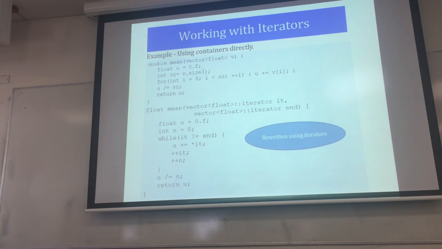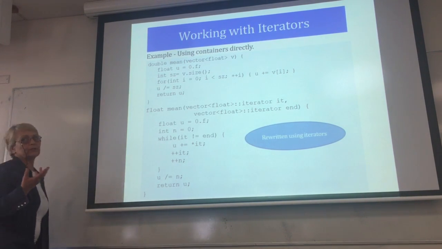If we want to move from array notation to use iterators, because sometimes you might have lists which do not have array notation, the way to adapt this approach is using a while loop, the best way.